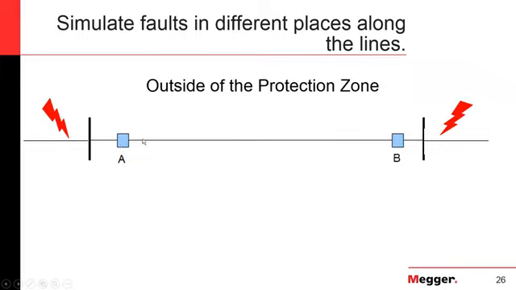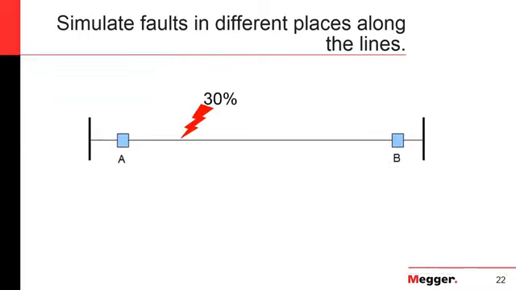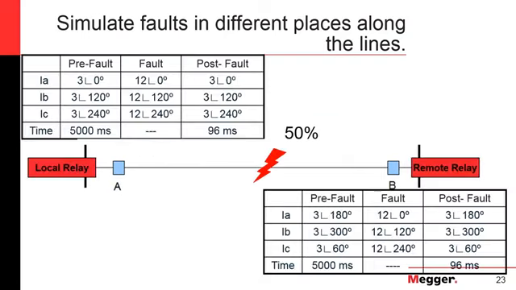The point is you have to be creative with the types of tests that you prepare, and don't just fall into, okay, let's do a fault at 50% of the line, that's fine, and let's move on.